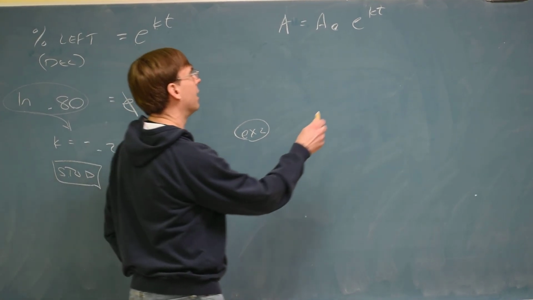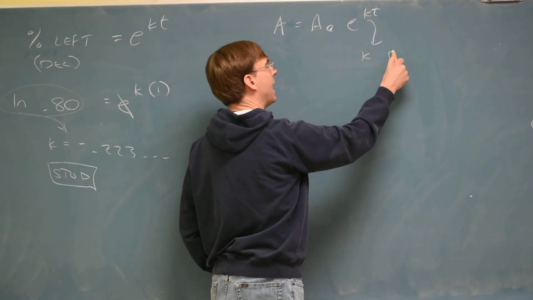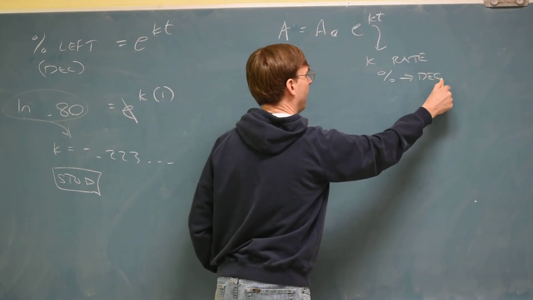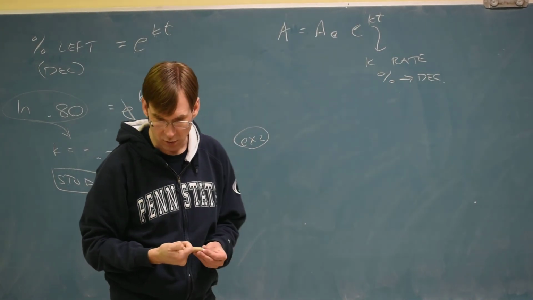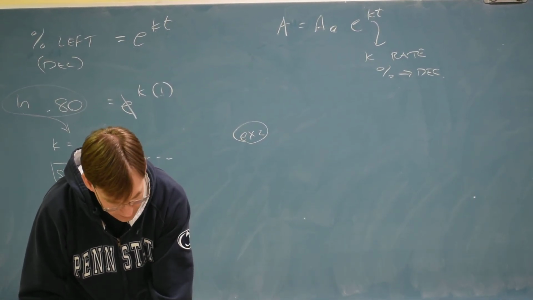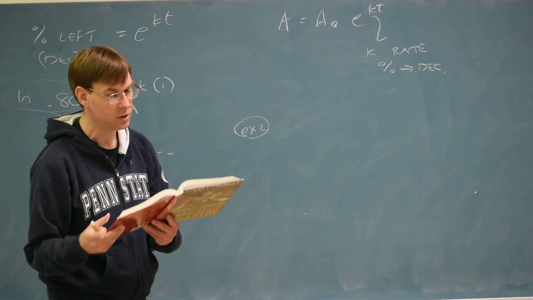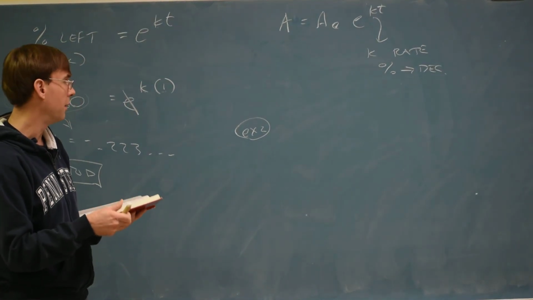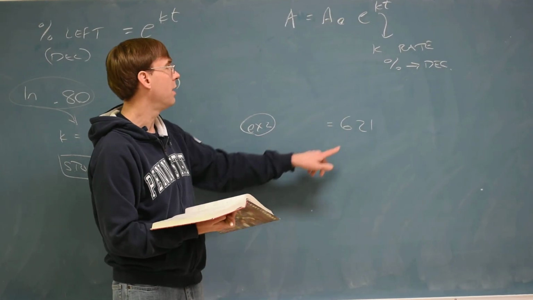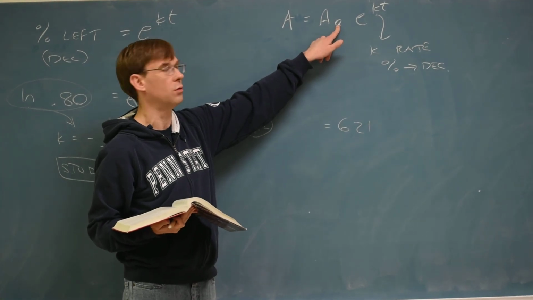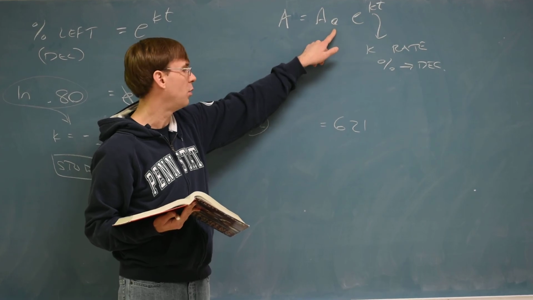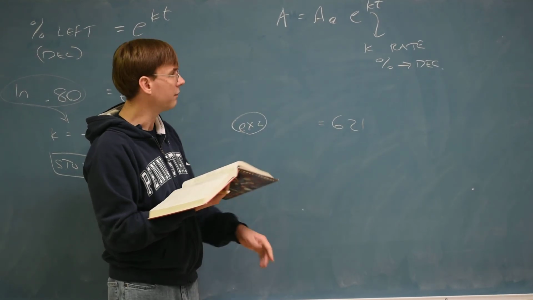They make up these theoretical what-if questions just to do calculus with them. On these problems, k is the interest rate, a percentage that we make into a decimal, and that's on the notes. Example 2 says suppose you put $621 in the bank. The 0 stands for original, the initial starting point, so 621 is what you're starting from.